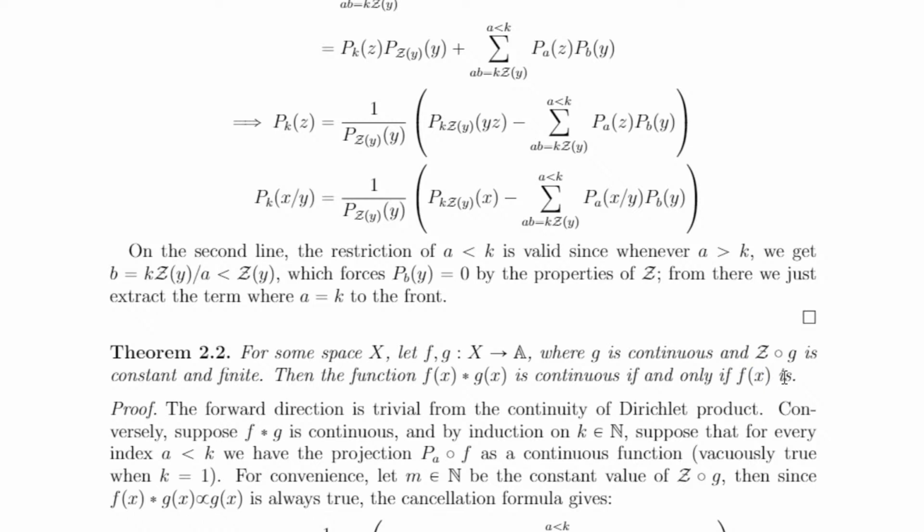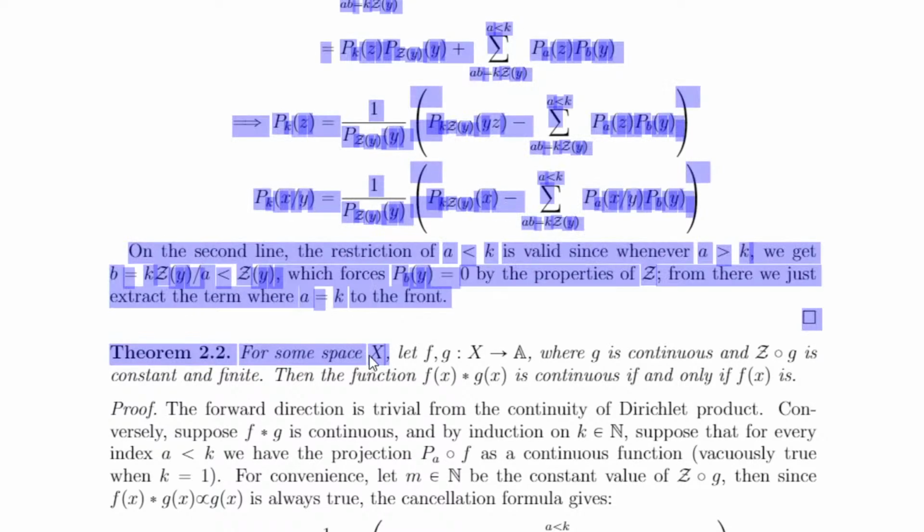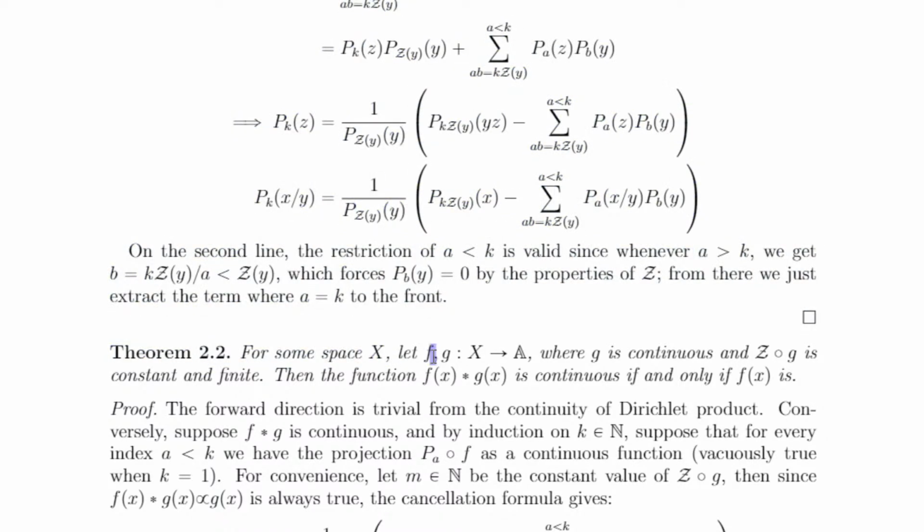And that's a really strong statement, because we haven't made any restriction on this space x. Actually, we haven't made any restrictions on f. And the only conditions we put on g is that g is a continuous function and that its z value is constant and finite. What that means, other than being constant, is that the finite part just means it's non-zero.